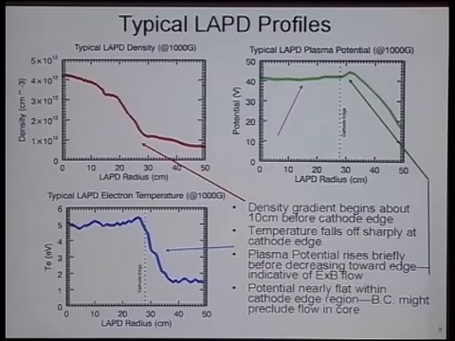There's a brief moment where the density tends to remain high just after the discharge turns off. The temperature will drop, so kind of in that region. So we do try to avoid primary electrons, but for the most part these are taken just as the discharge is turning off in LAPD.